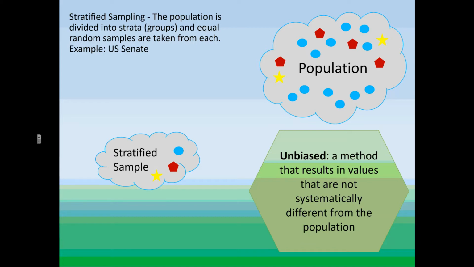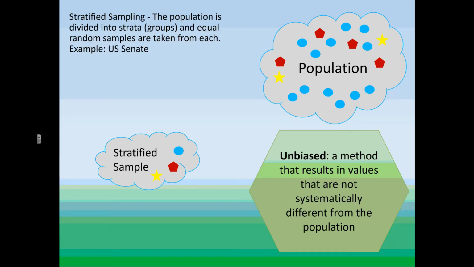So, we've got bubbles, we've got pentagons, and we've got stars. All of them have very different ideas, all of them have very different beliefs, all of them have very different chemicals. So what we do is we pick one of each, and they serve as our representatives of the population. That way, we've got a sample that is more clearly representing what the population wants and needs.